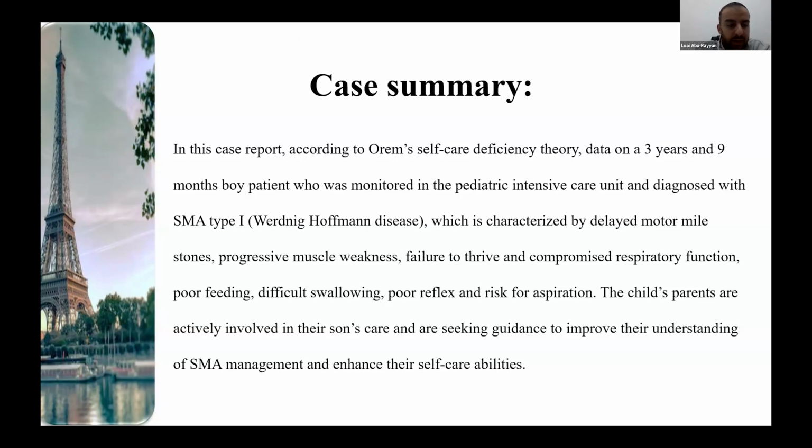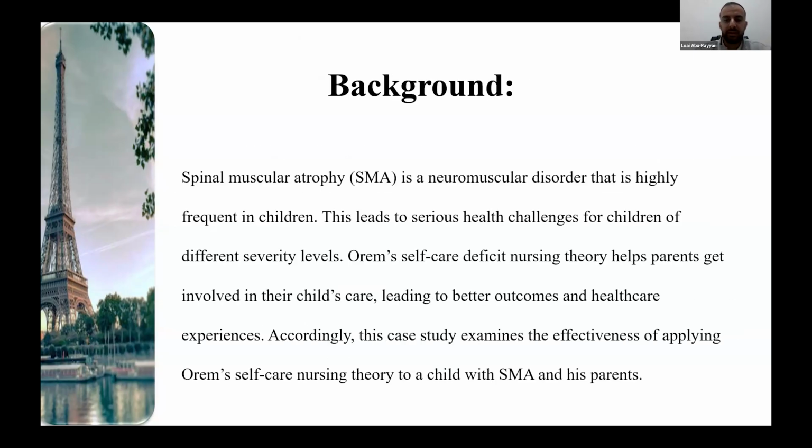The child's parents are actively involved in their son's care and are seeking guidance to improve their understanding of SMA management and enhance their self-care abilities. What is SMA? SMA is a neuromuscular disorder that is highly frequent in children. There are 4 types of SMA. It leads to serious health challenges for children of different severity levels.